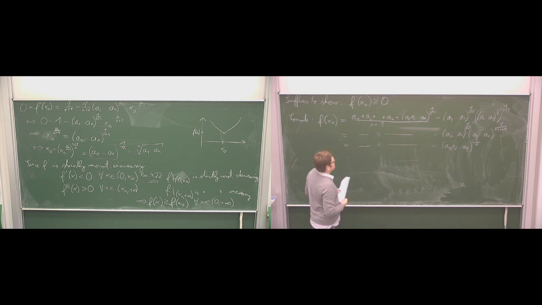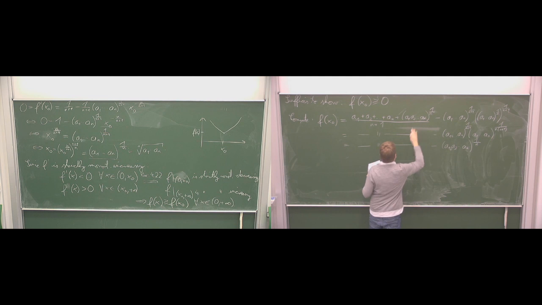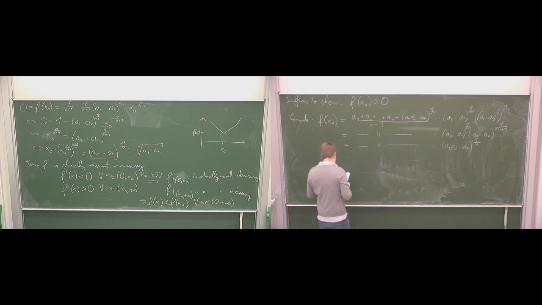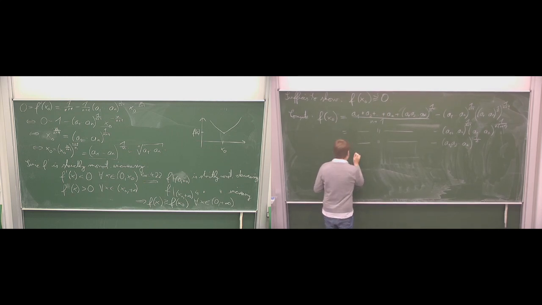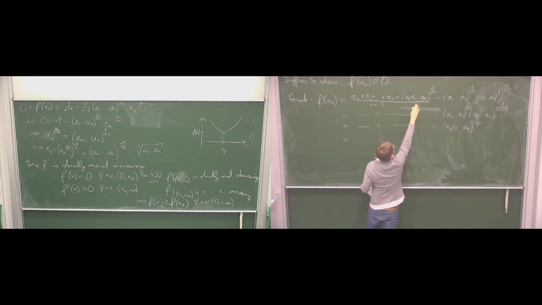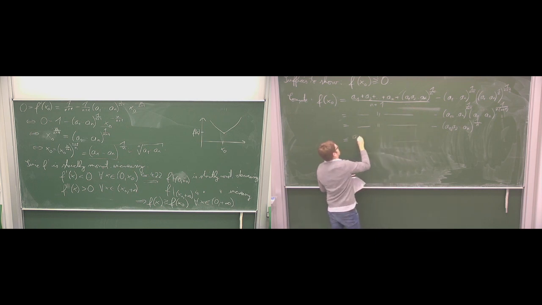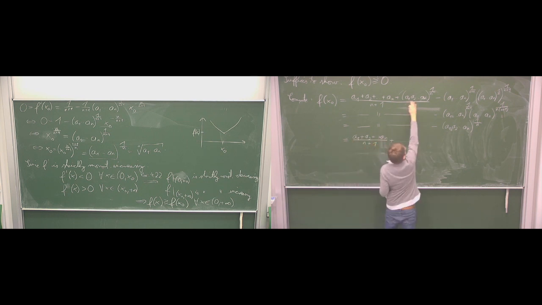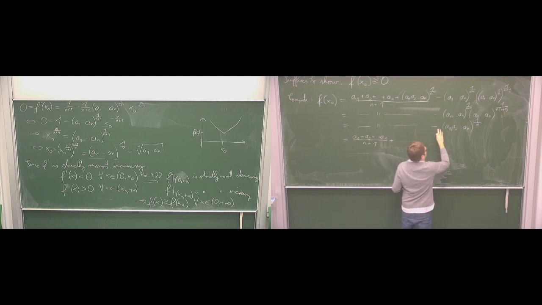Okay, so now here we have this expression, here we have this expression as well. So we can now further simplify this. Namely, this is now the same as if we just ignore this guy first and just write a1 plus a2 plus and so on plus an divided by n plus 1 plus, and now we have this guy divided by n plus 1 minus this guy.